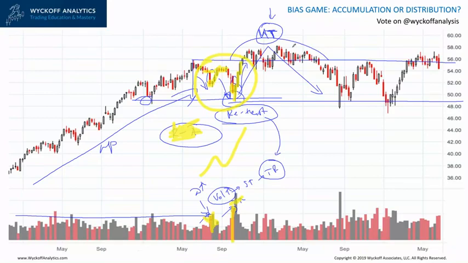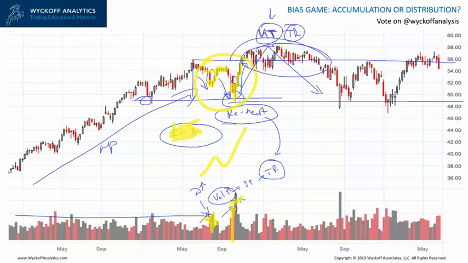We usually just temporarily commit, and the whole definition of the upthrust is a temporary commitment above. So here we would be saying upthrust, trading range. We want to recognize this structure right here.